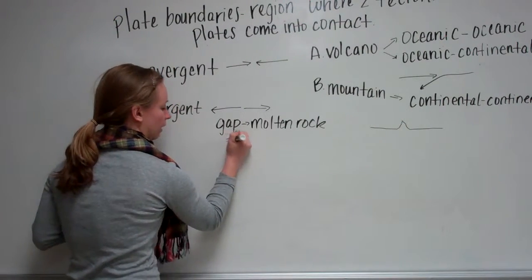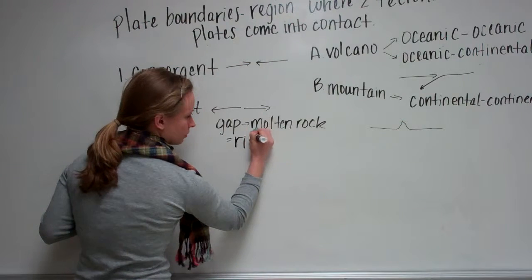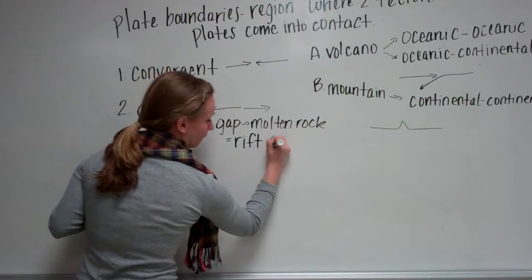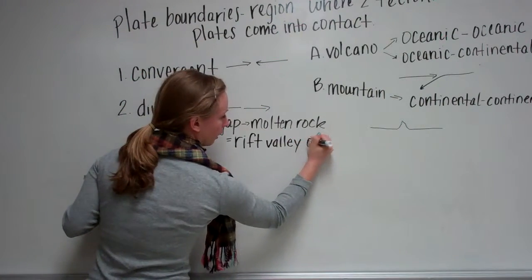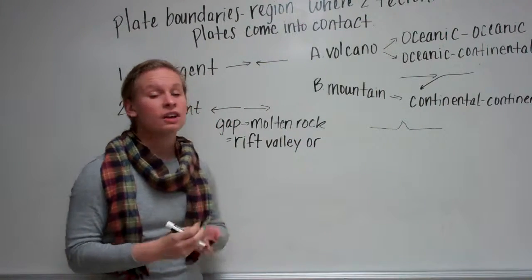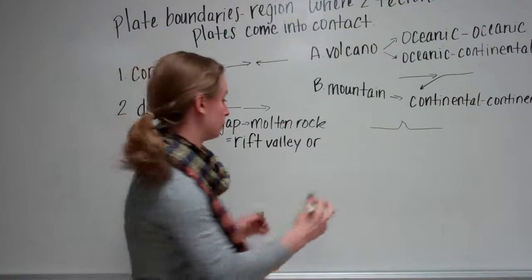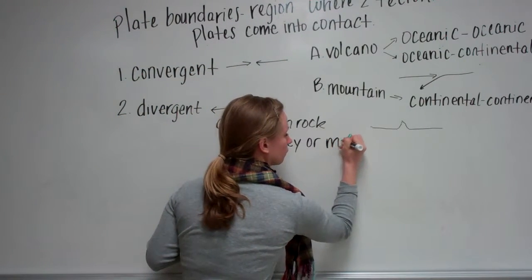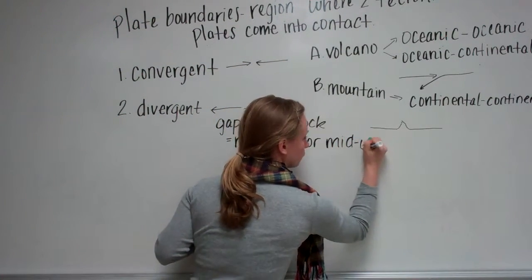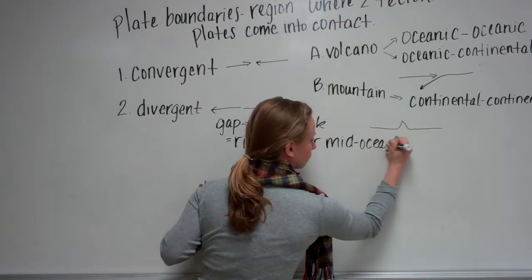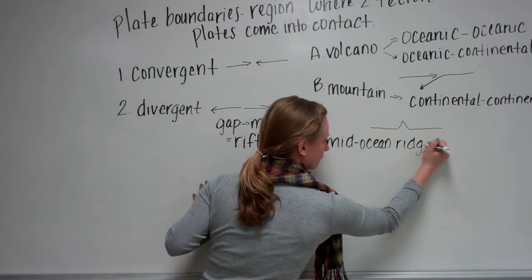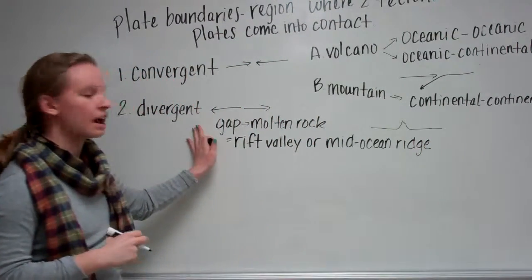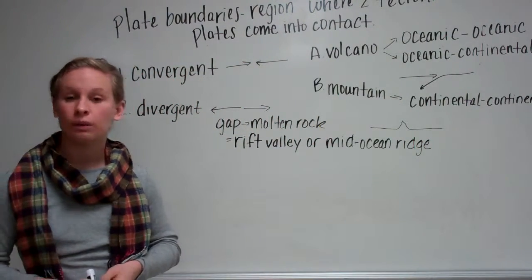So we're going to have a rift valley or a mid-ocean ridge. Two different names, same thing. Okay, and so that is a divergent plate boundary when our plates are moving away from one another.